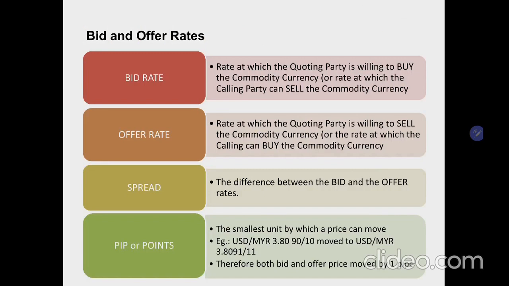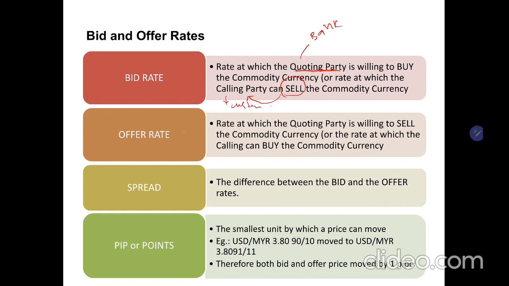So the bid rate refers to the rate at which the quoting party, normally the bank who quotes the price, is willing to buy the commodity currency, or the rate at which the calling party can sell the commodity currency. So bid is a buying price for the quoting bank, and it is also a selling price to the calling party, normally the customer who asks for the price.